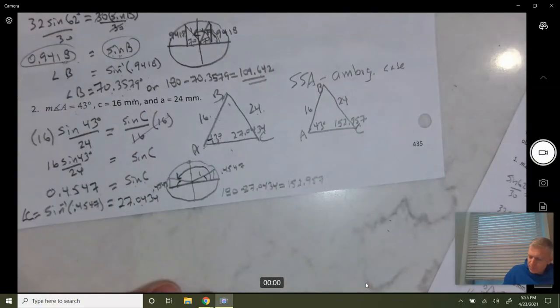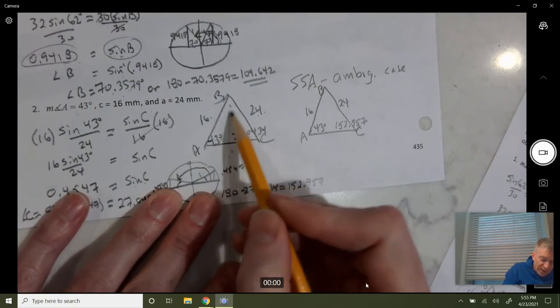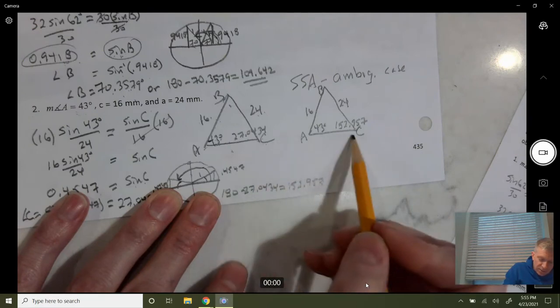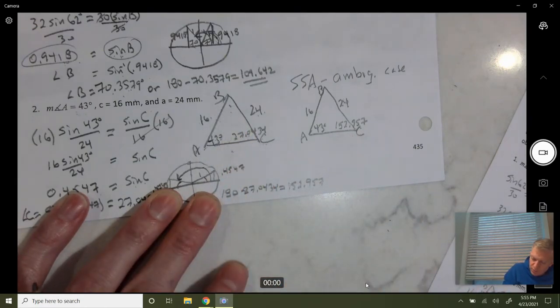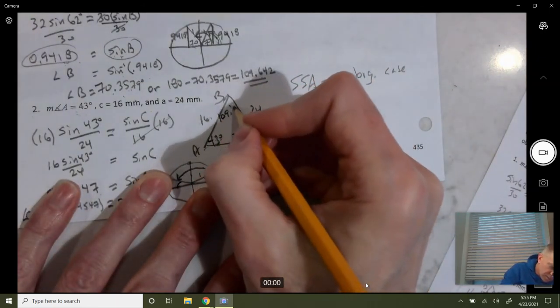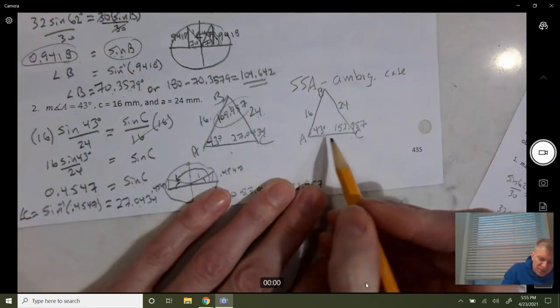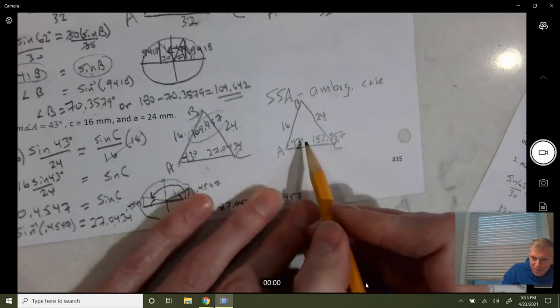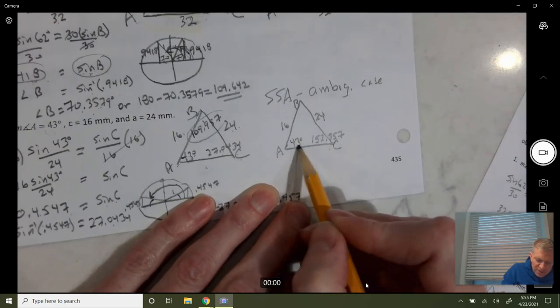152.957. Okay, let's go to the first triangle. First thing we're going to do, we have to find angle B and C. We found angle C for both. Angle B, we're going to subtract these from 180. For the first triangle, you get 109.957. Do that on your own. And for this one, look at what happens here. 43 and 152.957.